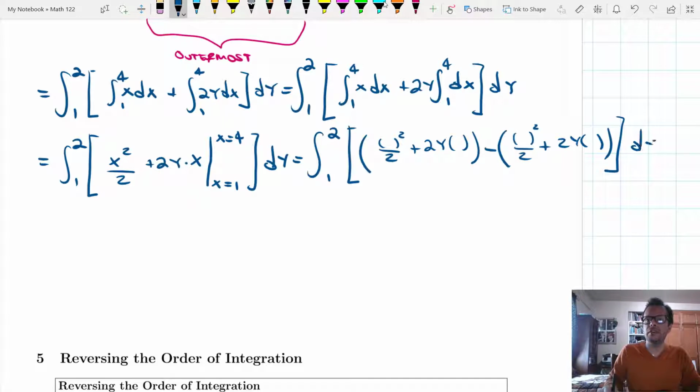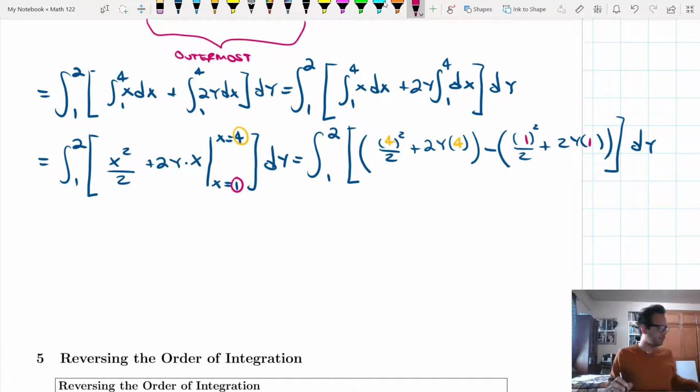Okay, that quantity will be for the upper limit, going to 4. Let me use a different color here. That's for the upper limit. And then for the lower limit, which is 1.